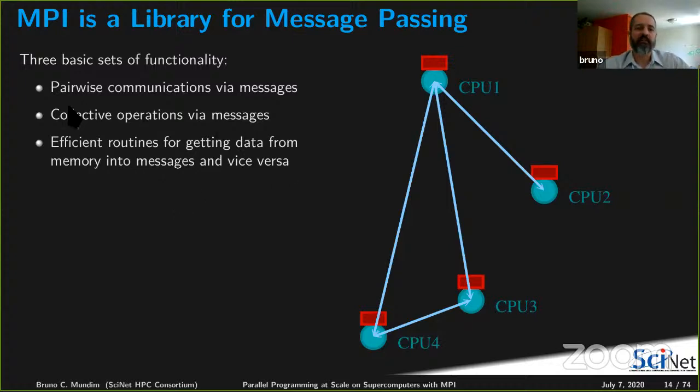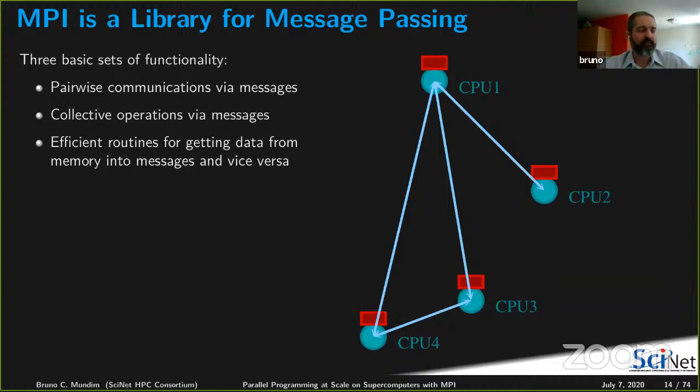So this is very good for doing parallel input-output, parallel I/O, as it is called. We have some course materials as well for MPI I/O, but we're not going to talk about this. This is very, very useful if your data is not laid out in a contiguous way in the memory.